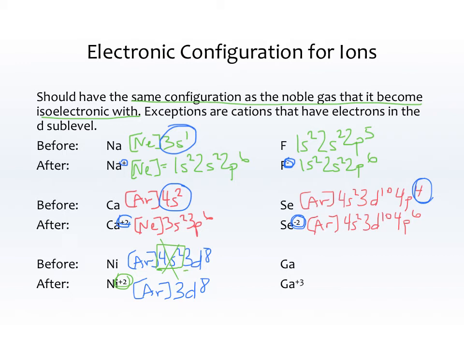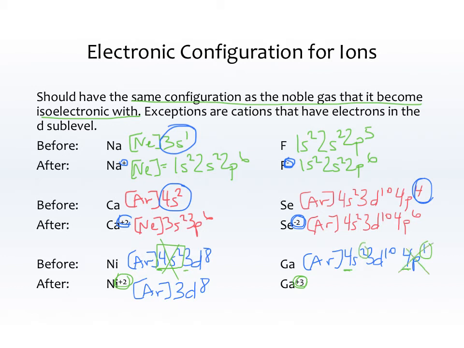One more like that. Gallium is argon 4s2 3d10 4p1. Gallium is going to lose 3 electrons. So we're going to lose them from the highest energy level, that's the 4th energy level, and 3 of them. There's 1, 2, 3.